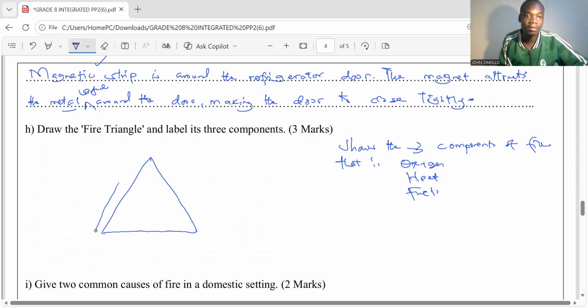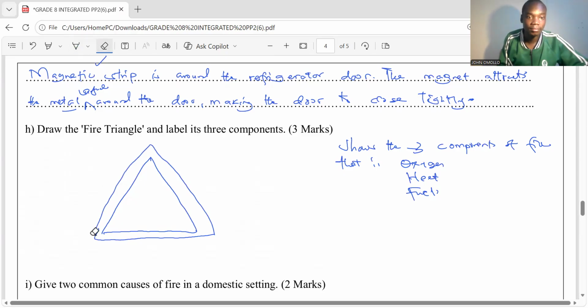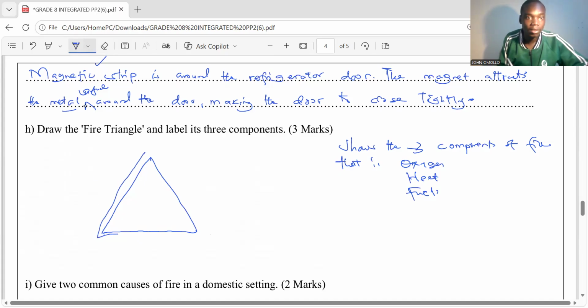So this is how they are going to look like. Remember, I don't have a ruler, that's why. And these diagrams should not be drawn with rulers. You should be drawing them just using bare hands, the way I've used mine.